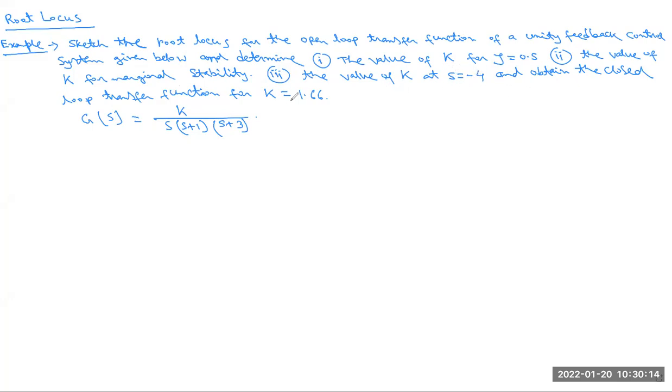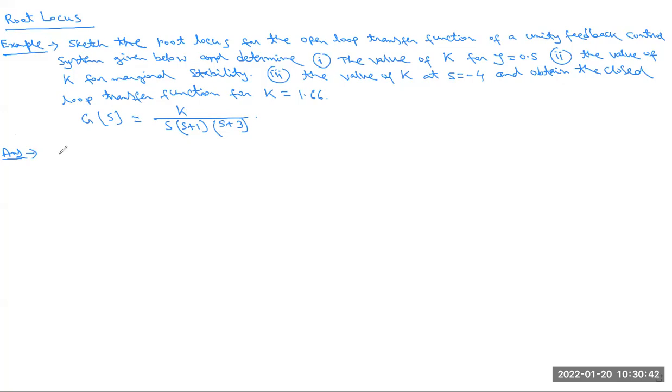We also have to obtain the closed loop transfer function when the value of k is 1.66, given G(s) equals k by s into (s plus 1) into (s plus 3). So what do we have to do? We have to follow the rules, the basic procedure we discussed in previous classes, one by one.